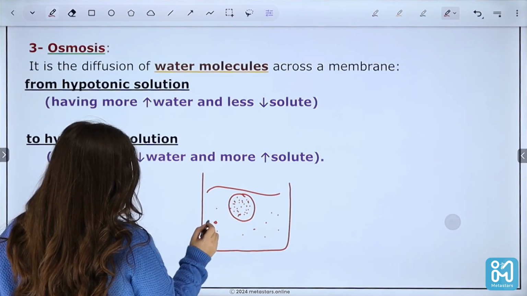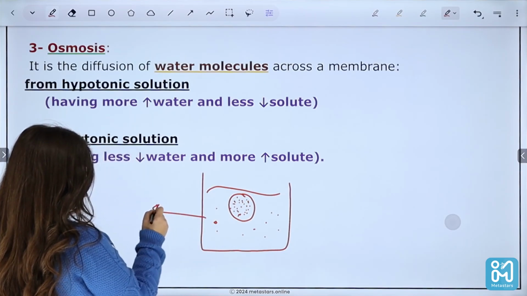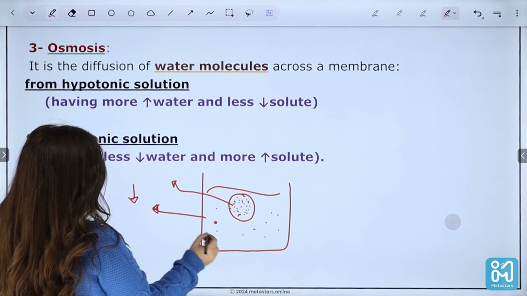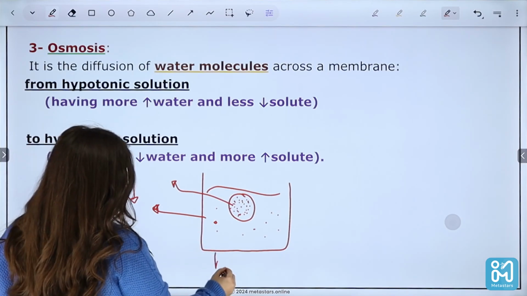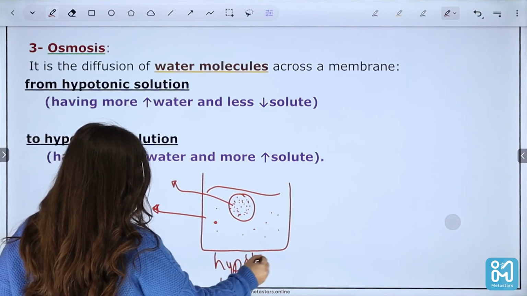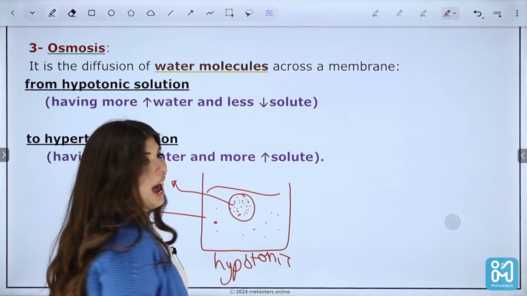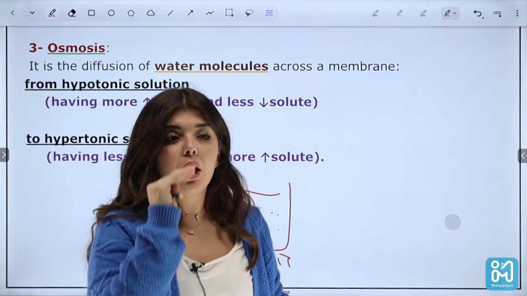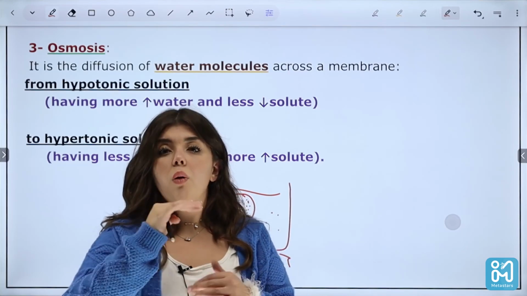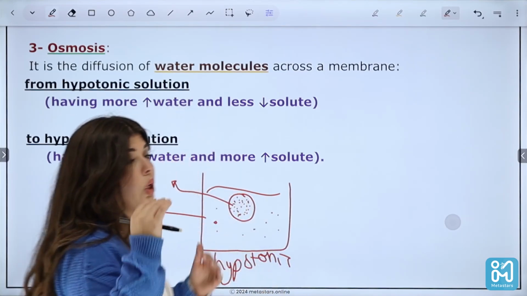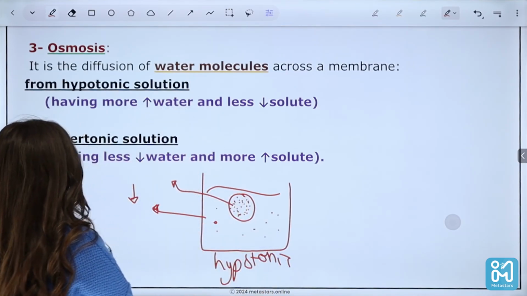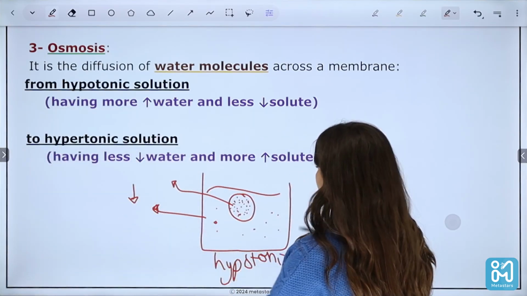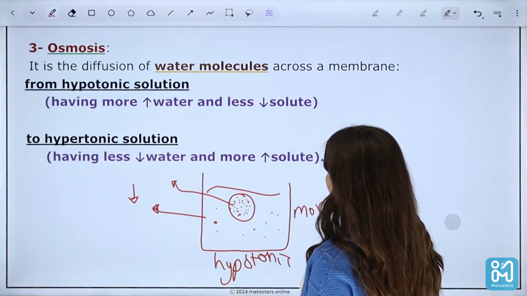The concentration of salt outside in the solution is less than the concentration inside, so we call this solution hypotonic. Anything scientifically that is hypo means low. Hypotonic: low in tonicity, low in salt, or low in concentration. So hypotonic means low in salt, more water.